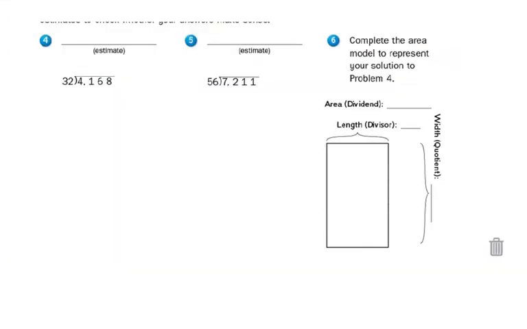Let's do one division problem. We're going to take 4,168 divided by 32. I'm going to use partial quotients. And the first thing I need to do is estimate so that I know what number I should start with over on the side. So 4,168.